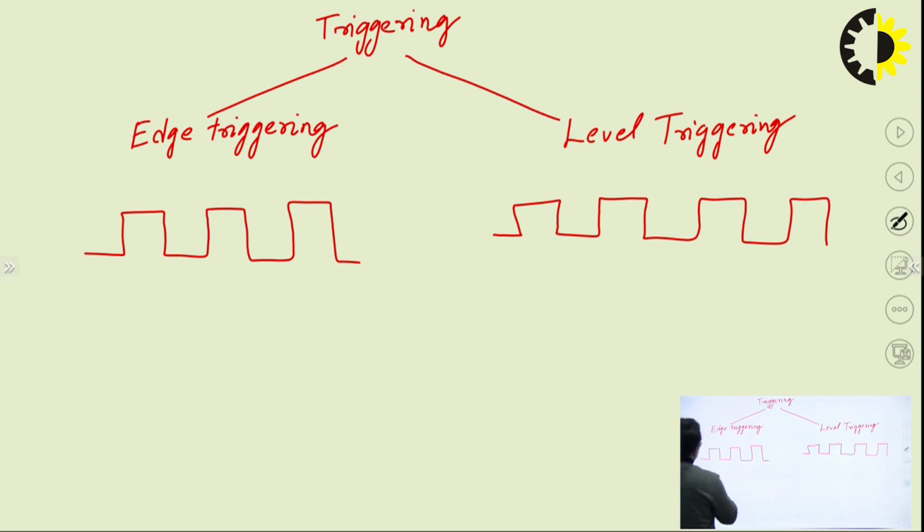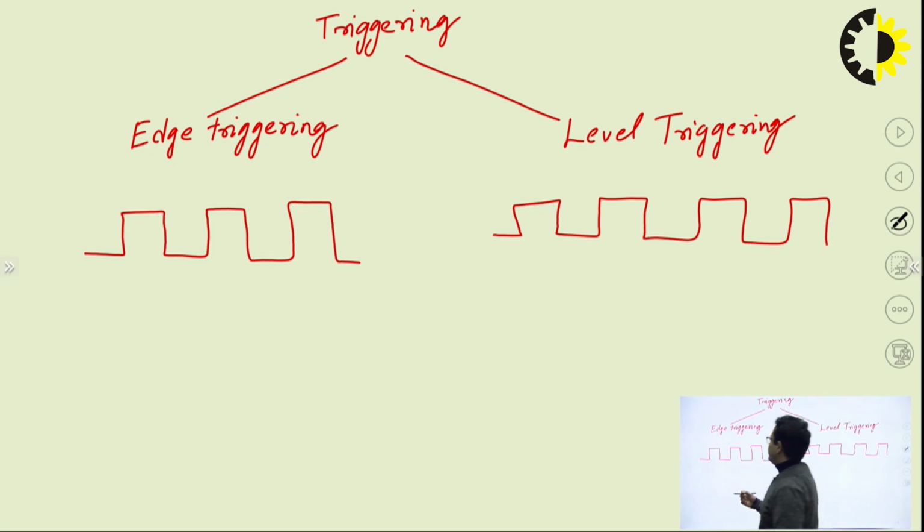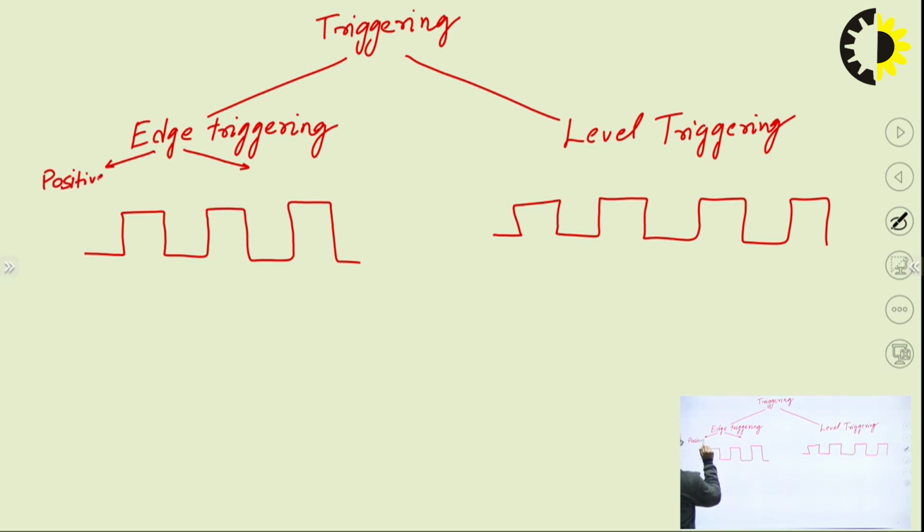Edge triggering is also of two types: positive edge triggering and negative edge triggering. We will discuss both one by one.